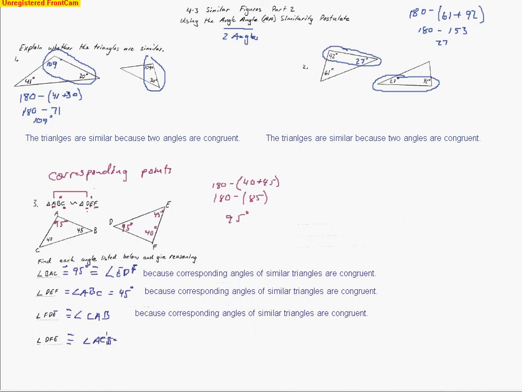So ACB is 40 degrees. And this one over here, CAB, was 95 degrees. Again, the reasoning behind this is always the same. So let's copy that reasoning down, because corresponding angles of similar triangles are congruent.